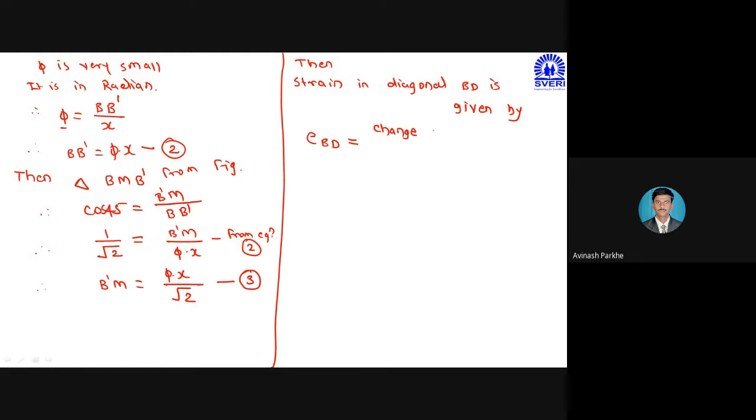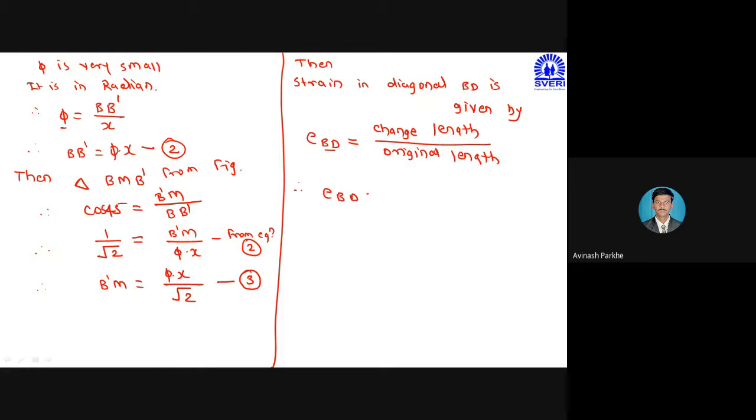Strain is equal to change in length upon original length. This is the common formula, and we have to apply this formula for diagonal BD.